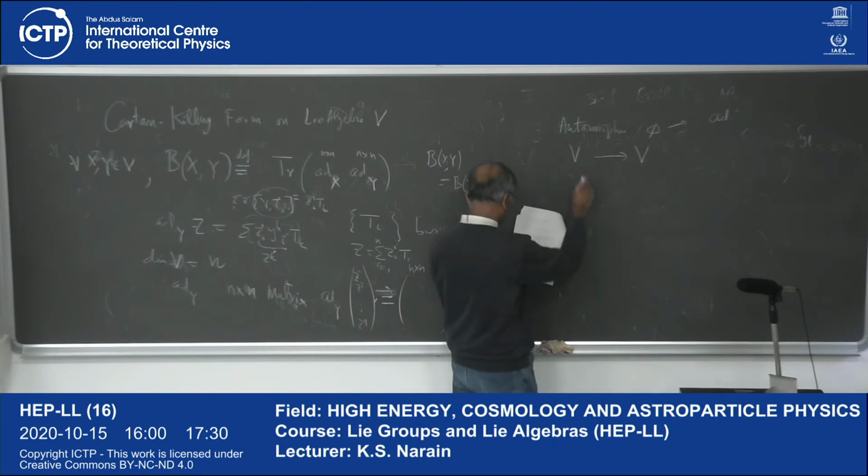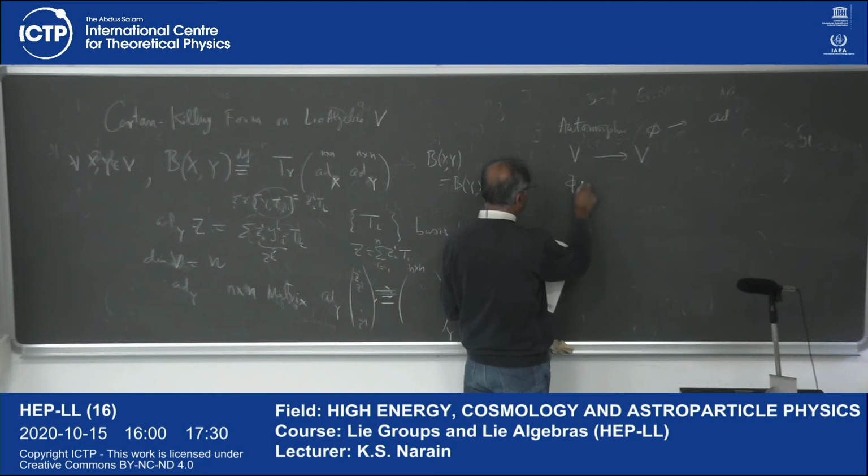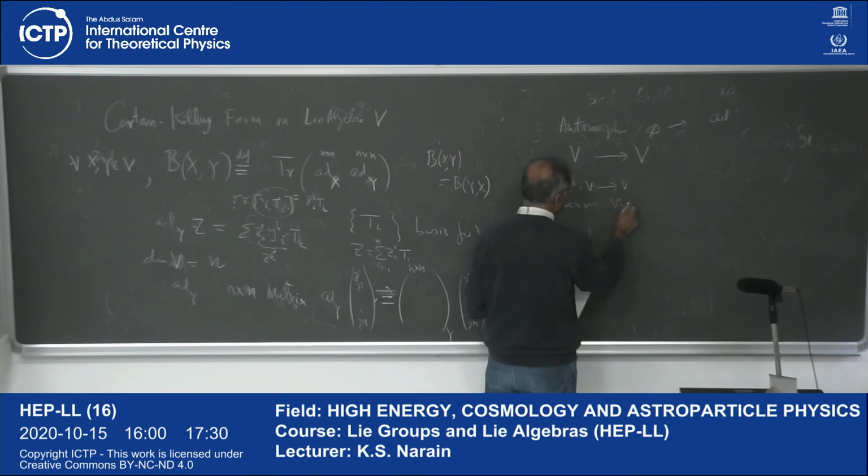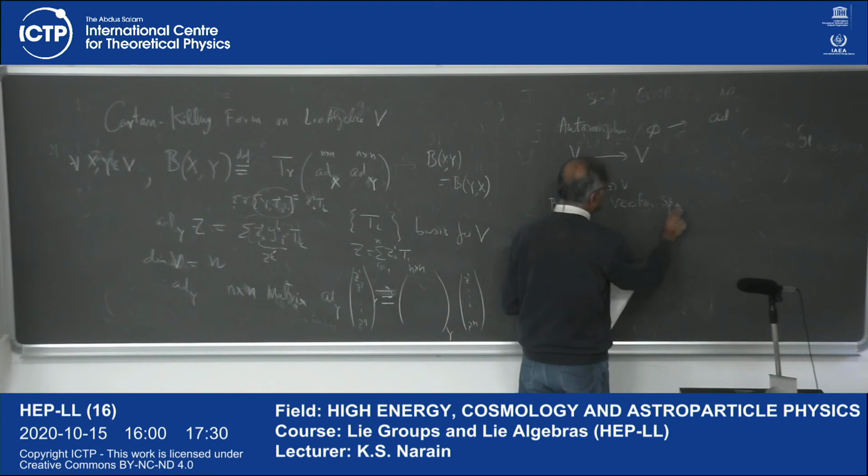So what does automorphism mean? Of course, phi acting on B takes B to B, that was already given. But it also preserves the vector space structure, and the commutator structure, the commutation relation.